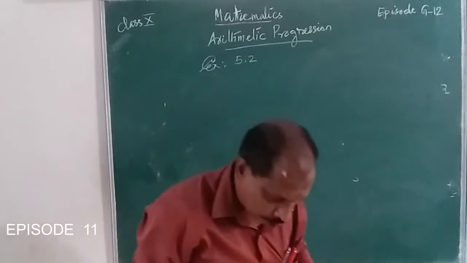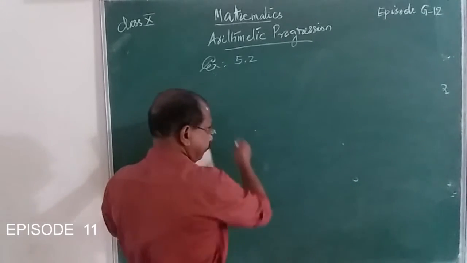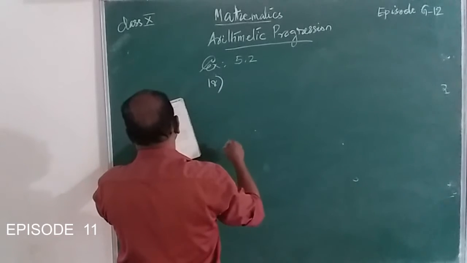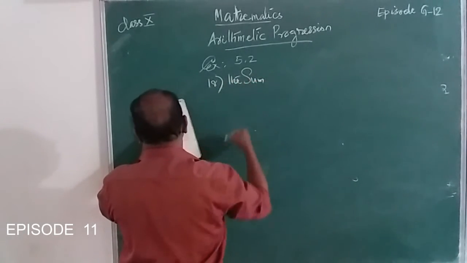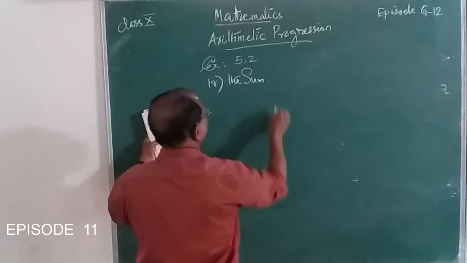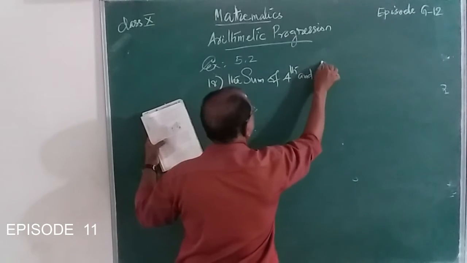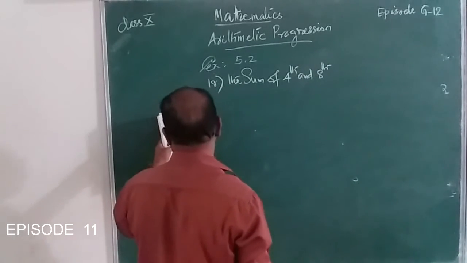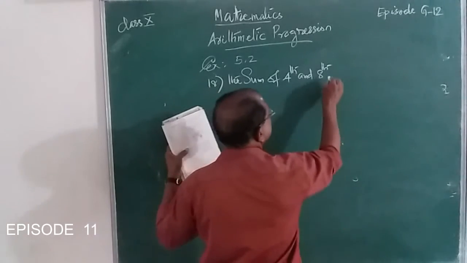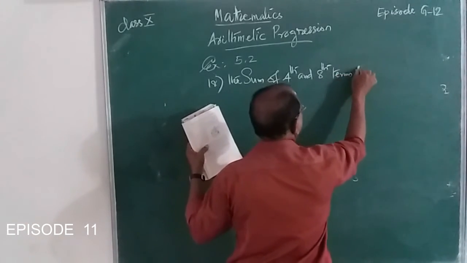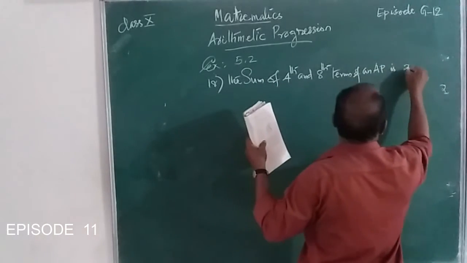Then question number 18. The sum of the 4th and 8th terms of an AP is 24.